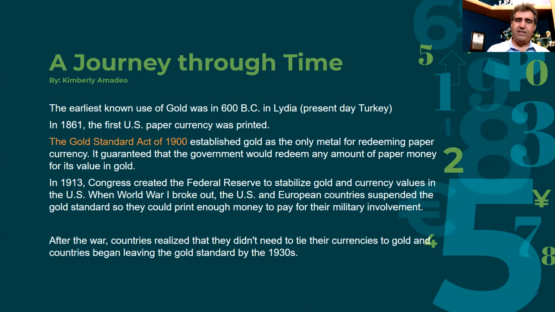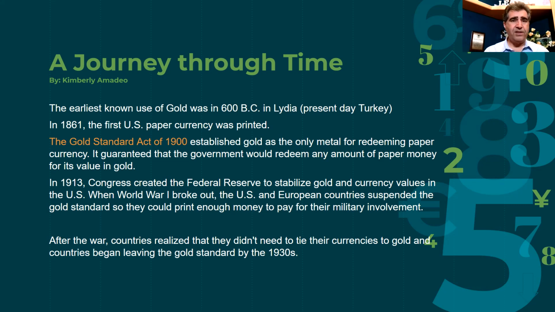Then the Gold Standard Act of 1900 established gold as the only metal for redeeming paper currency. We had silver in the past, but gold became the one. It guaranteed that the government would redeem any amount of paper money for its value in gold. So that's the birth of the gold standard.